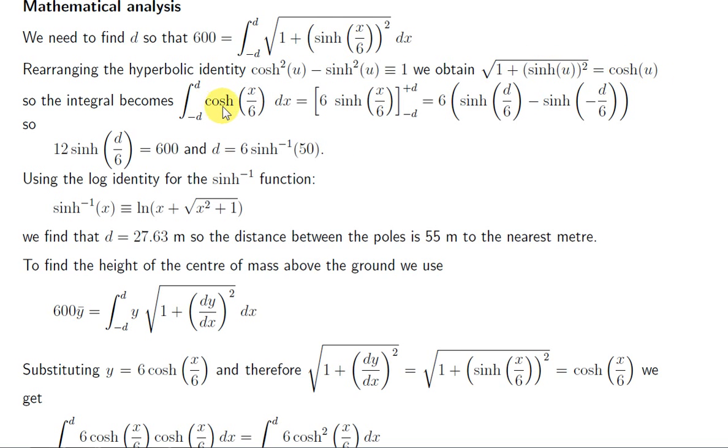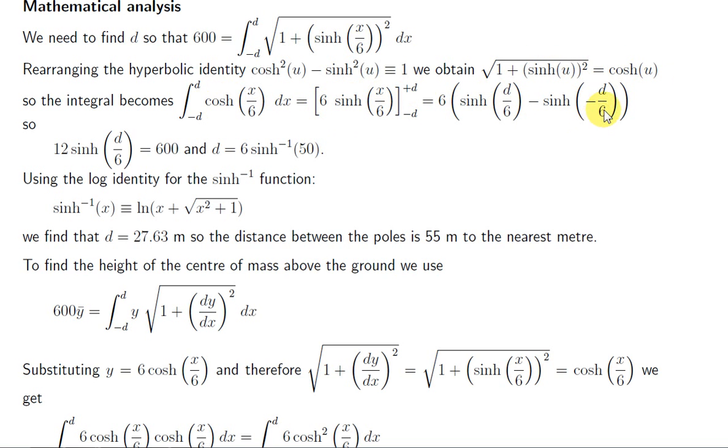The integral of the hyperbolic cos function is hyperbolic sine. By the chain rule for differentiation we have to put a 6 here, so that when we differentiate this, derivative of hyp sine is hyp cos, and we differentiate the angle to get 1/6, and 1/6 cancels the 6 here. Next we plug in the upper limit, which is plus d, and then we have a minus sign, and then we plug in the lower limit, which is minus d.